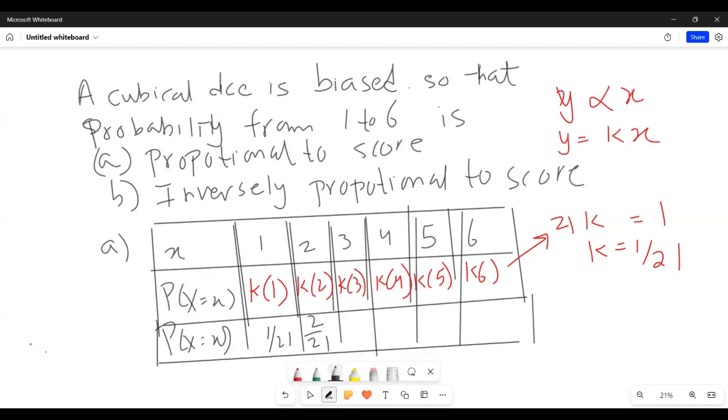Or let's just write 3 by 21. Then 4 by 21, 5 by 21, and 6 by 21. Also, if you add them, notice you'll get 21 over 21, which is just 1.